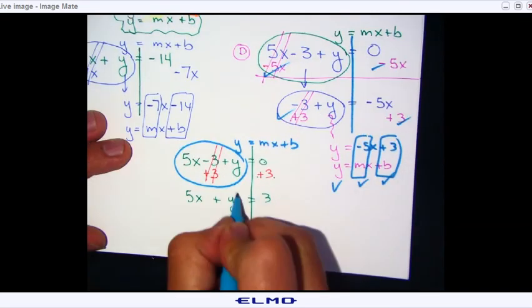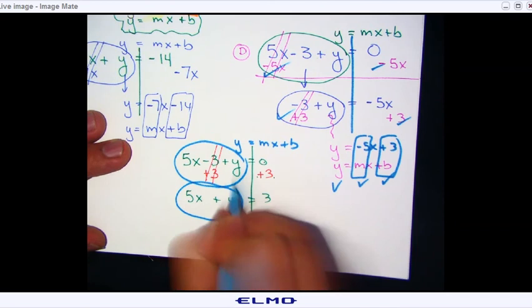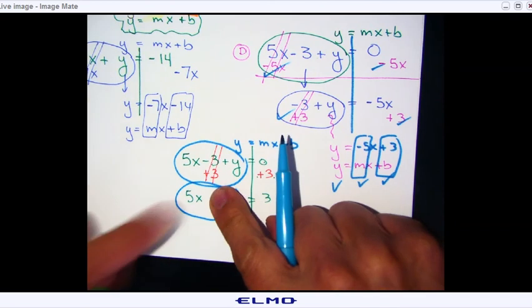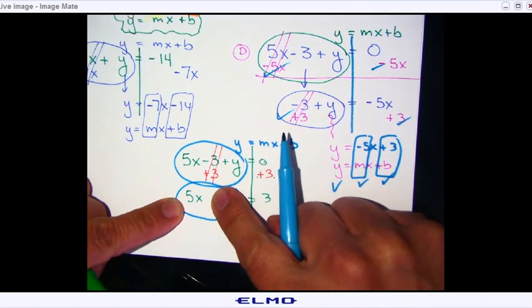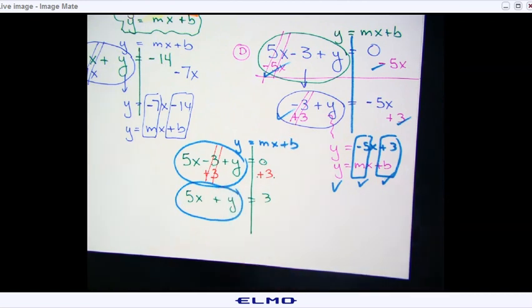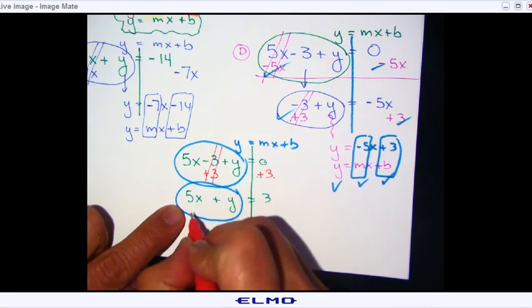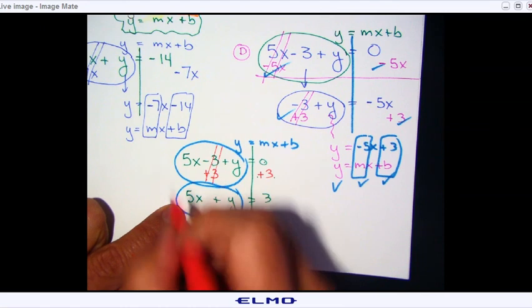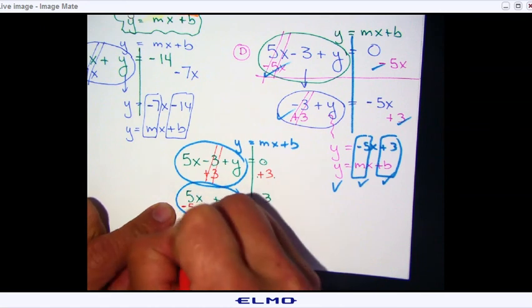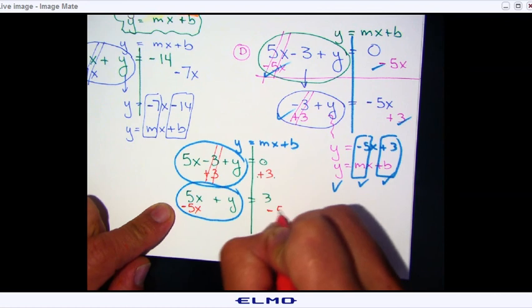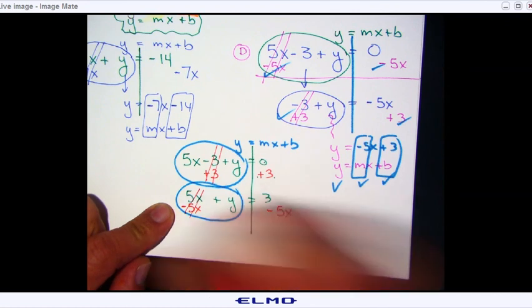Okay, so there you go. I want to solve for y, but I got to get rid of 5x. Now, how do I get rid of 5x? Daniel, how do I get rid of 5x? Right, yes, minus 5x on both sides. And then that's a 0.